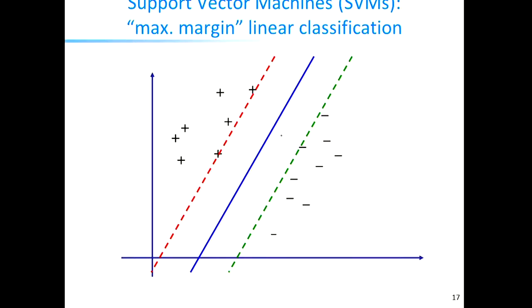That's what this picture illustrates. And the margin is this distance here, the distance between any of them. These are the same distance. And that's called the margin gamma of the resulting classifier.